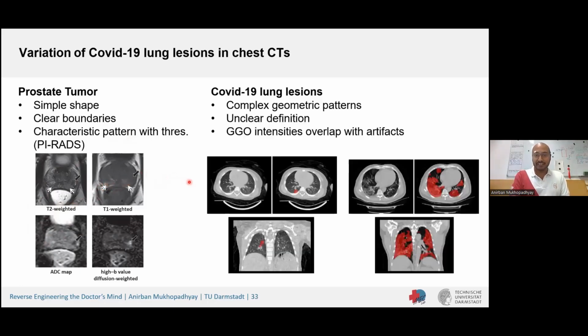Unfortunately, COVID-19 was different. The lung lesions there had very complex geometric patterns. They were of very different sizes. Often the telltale sign of COVID-19, which is this ground glass opacity, had overlaps with consolidations.